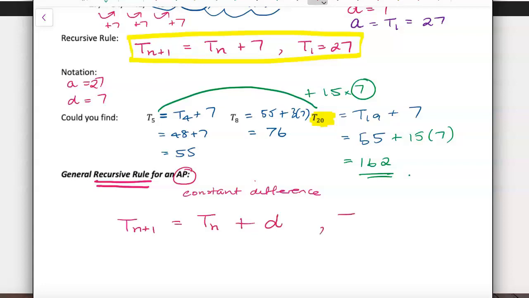But we must have term 1, which we've given the notation of a, our first term. We could also write this if we had tn being the next term, then tn take 1 would be the previous. We're still adding that constant difference on, where our first term would still be a.